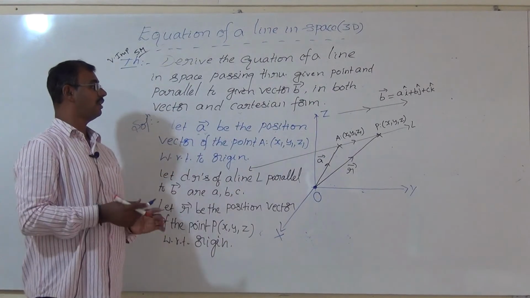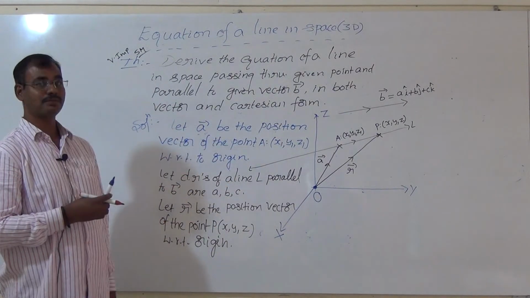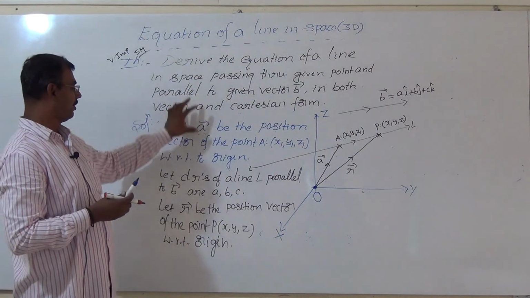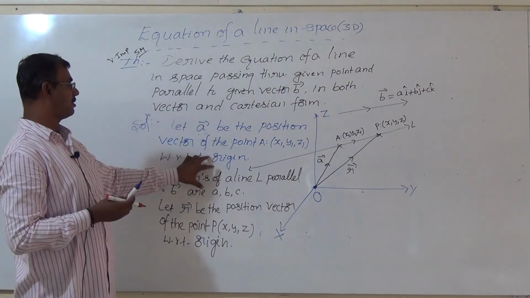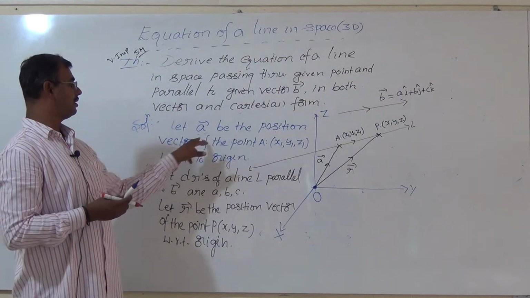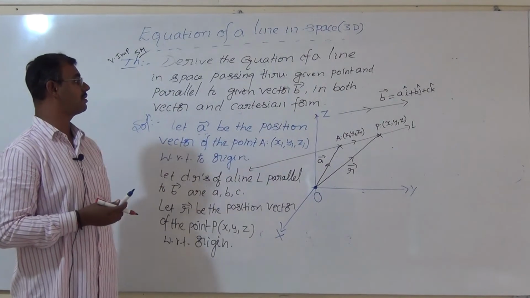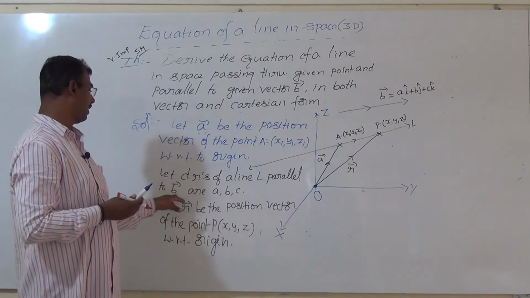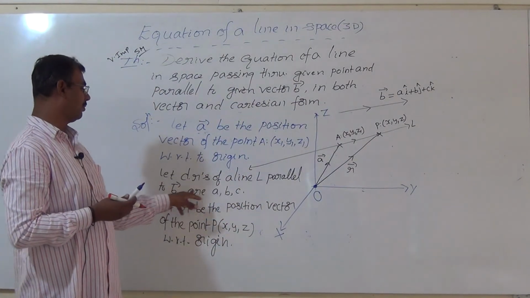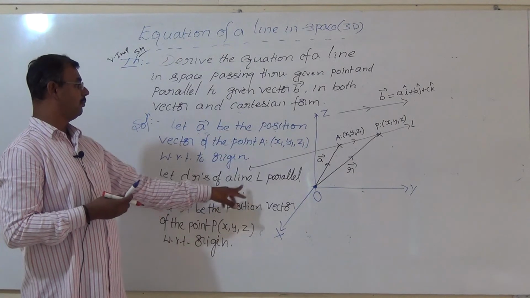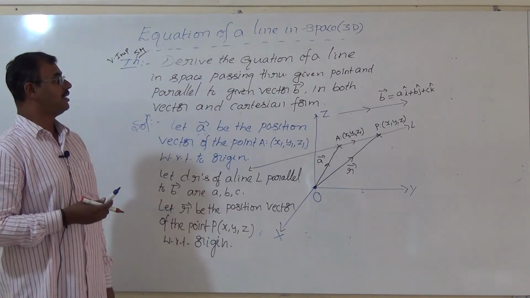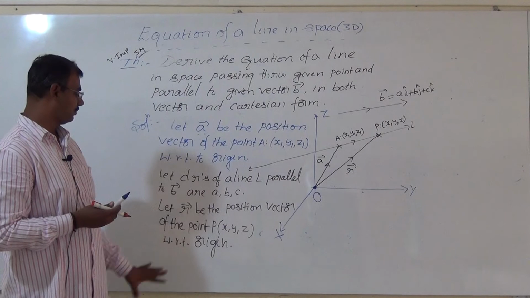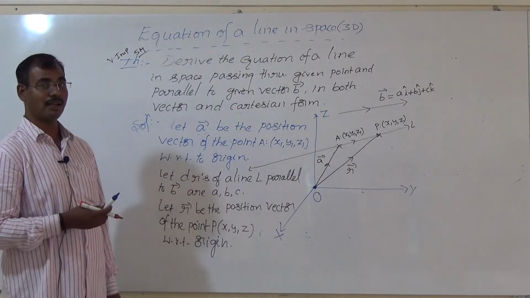So these are the values we take. First two are given. What is the first one? A bar be the position vector of the point A, X1, Y1, Z1. And what is the parallel vector here? Parallel to line L, that is B bar, B bar is equal to A I bar plus B J bar plus C K bar. This is the given data.